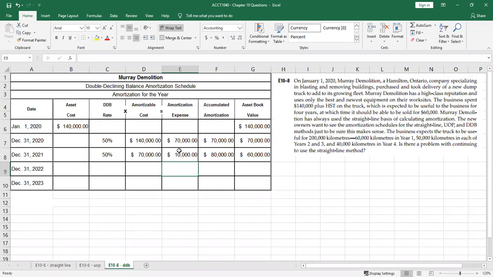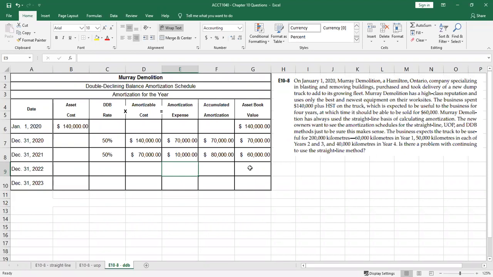So the amortization expense on December 31st, 2021 will be only $10,000. And by doing that, we arrive at an asset book value of $60,000 and we're done the schedule at that point. This asset is fully amortized after those 2 years.